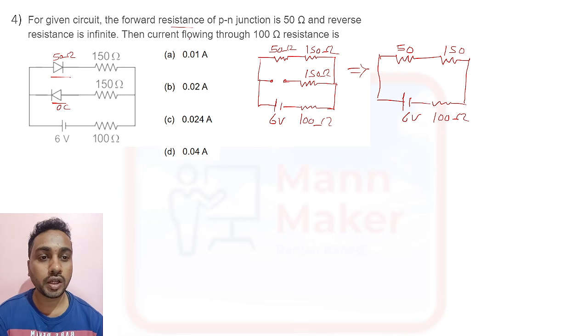Now we have to find the current flowing through the 100 ohm resistance.